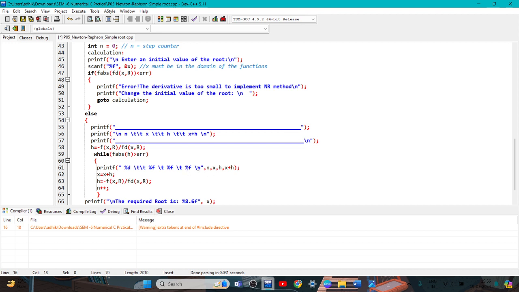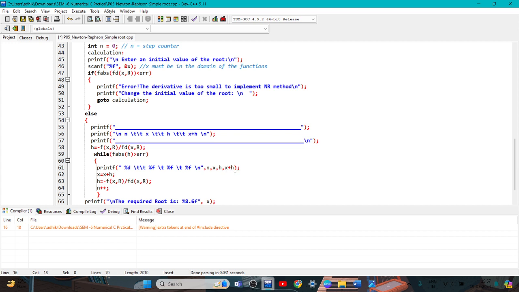So n is the step counter, the number of steps, x is the approximation of the root, h is minus f(x) by f dash x, and x plus h is the corrected value.